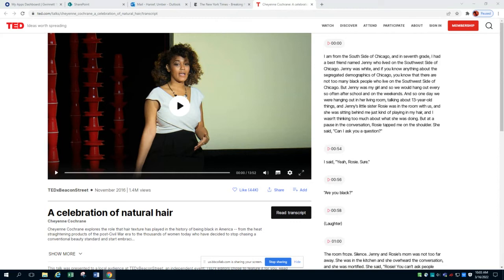We talked, several weeks ago, about different strategies for writing a hook. So what strategy is she using here to write her hook? Very good, Natalia.